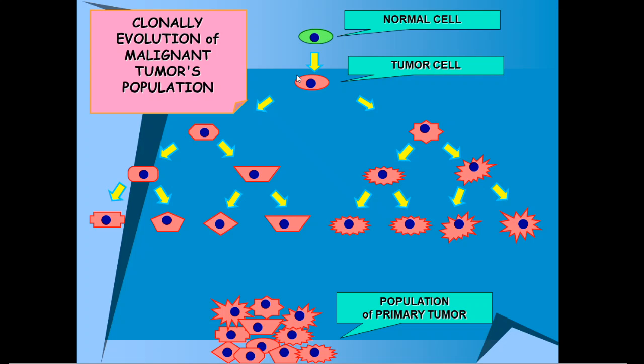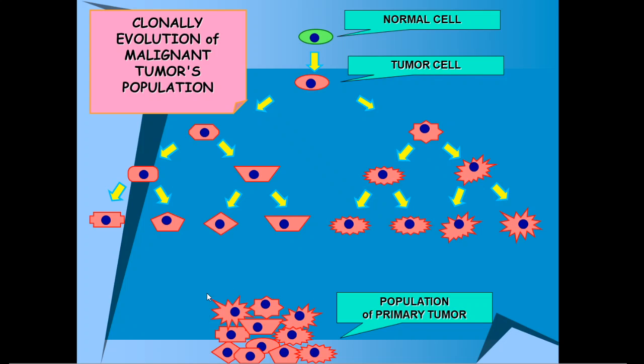According to this difference, this one tumor cell can proliferate and make a completely different population of cells. That's why we have, as you see, cells different in shape and size.